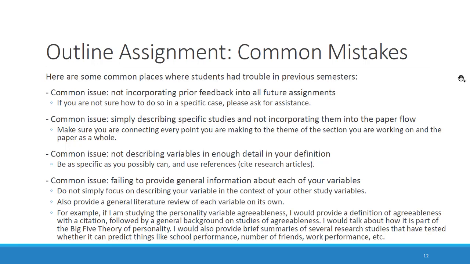So it doesn't have to be just about how conscientiousness relates to job performance. Although that is my ultimate goal, I don't have to include only information on that throughout the entire paper. That comes later when I'm doing the tying it together section, and I explain my theory as to why I think they're related and previous research that finds that they're related, and then I end up proposing my hypotheses.